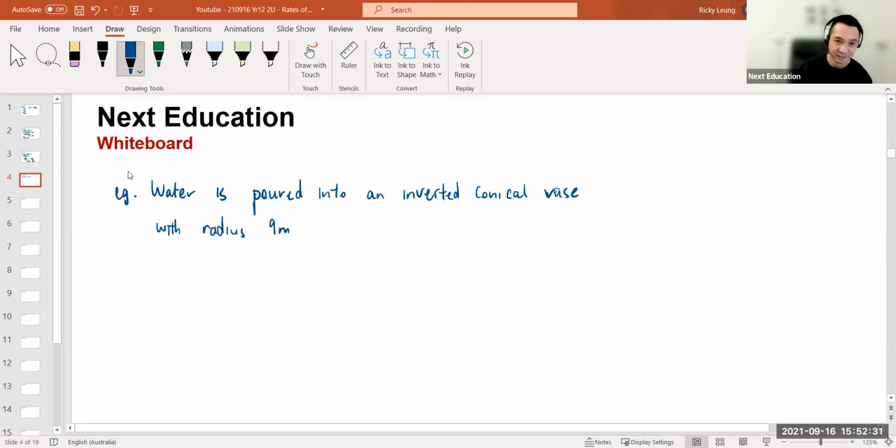Okay, this is like one of those sculptures. Big vase, height of 12 meters. It's almost a building. At a rate of 3.6 meters cubed per second.